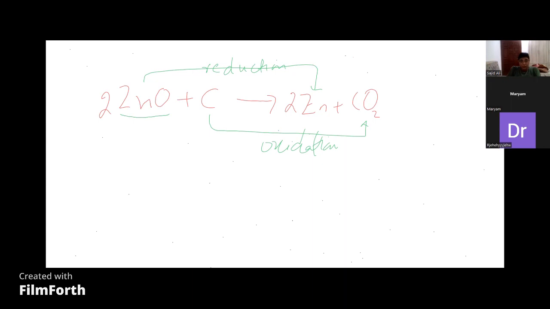Zinc oxide is losing oxygen, so it has reduced. Carbon is gaining oxygen, so it has been oxidized. So reduction and oxidation are taking place simultaneously. So it's a redox reaction. Clear, beta? Yes, sir. Okay, good.